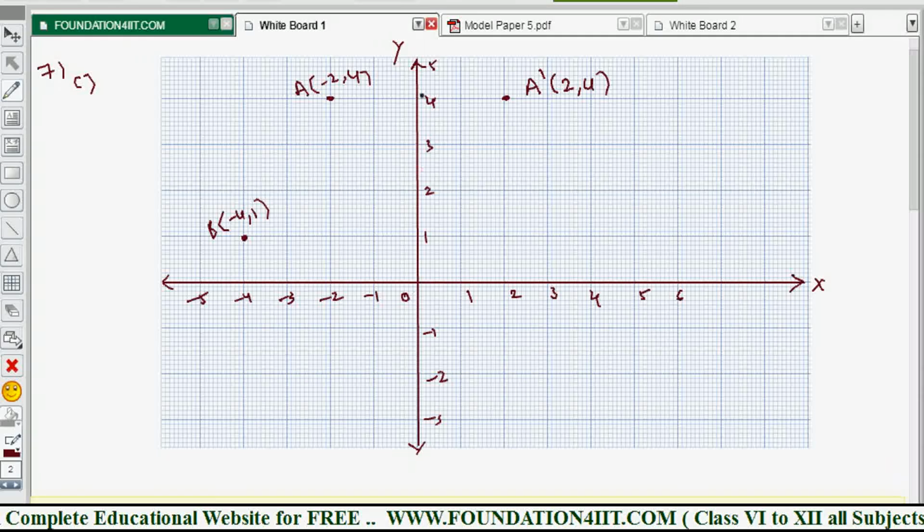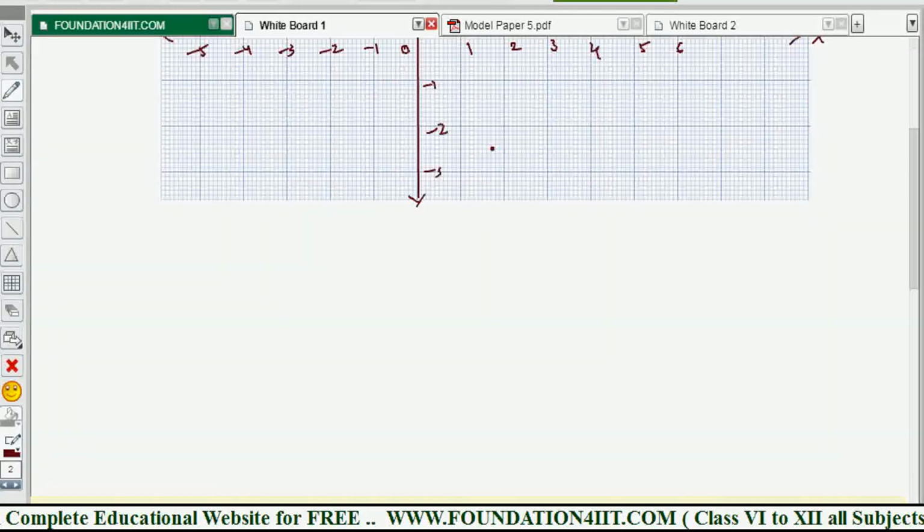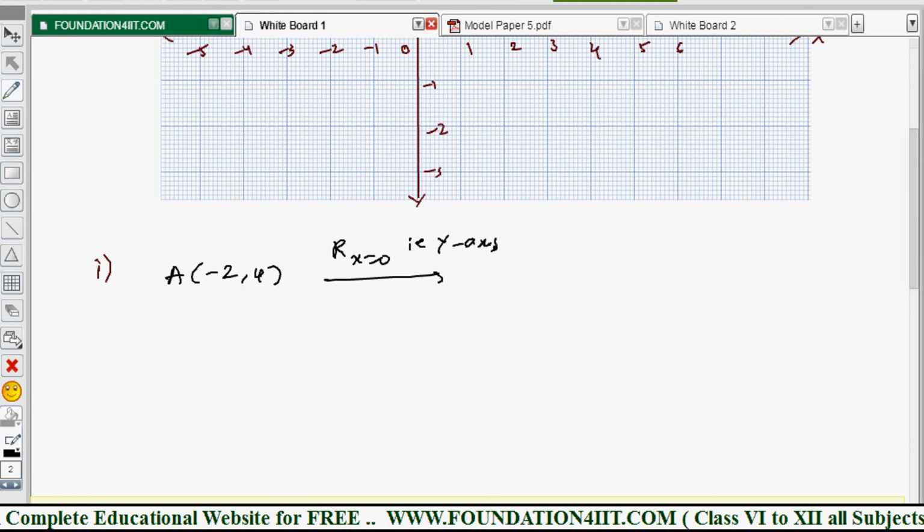So the equation is x equals 0. Let me write the answers here. A is minus 2, 4, so the reflection in x equals 0, that is the y-axis, gives A dash as 2, 4 exactly.